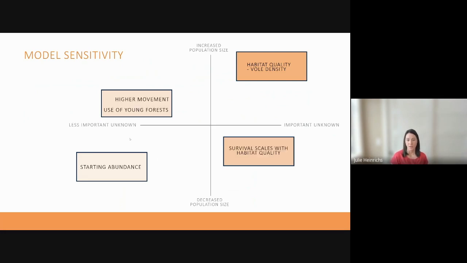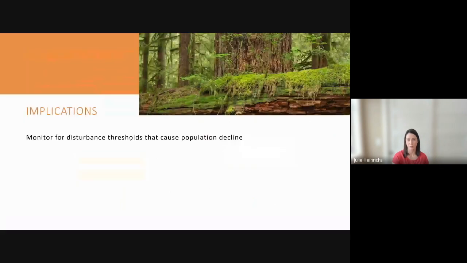Conversely, other factors were less influential, and even the starting abundance that we would put into the landscape, since that was a bit uncertain, didn't have much of an influence at all on population outcomes. So that's one way to think about how to manage uncertainty for a species in a landscape for which you have a little less information.